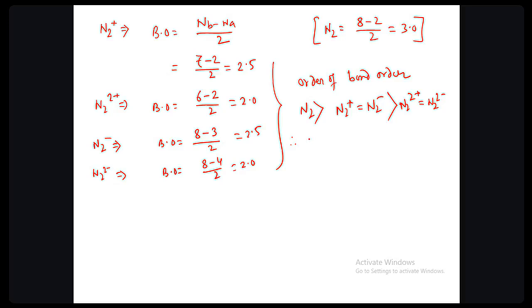So bond length order is inversely proportional: N2 plus, N2 minus, N2 2 plus, N2 2 minus. So that way you have to solve it on an immediate basis.